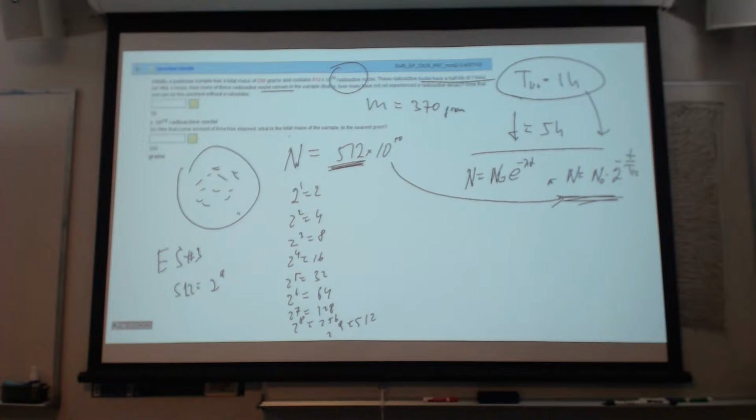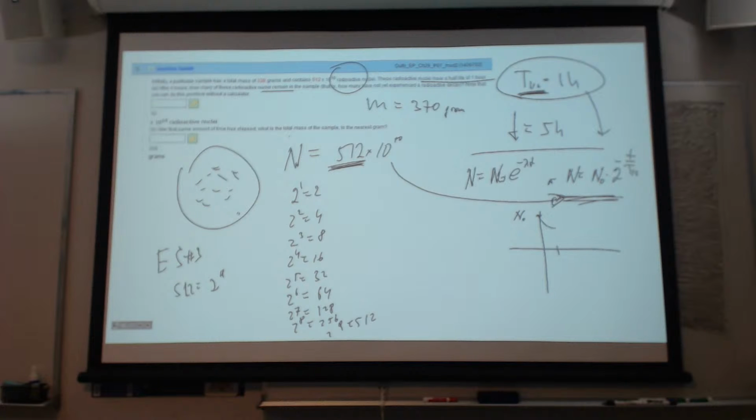What do they mean? They mean that if you wait exactly this time, your number of radioactive elements drops, on average, to a half of the initial value. That's why we call it a half-life.